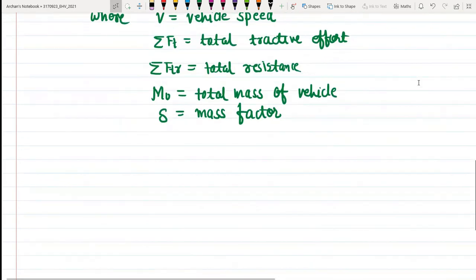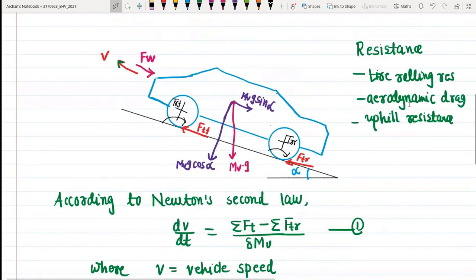Let us see these resistances one by one. As we have seen in this figure, the vehicle resistance opposing its movement includes the rolling resistance of tires, which was TRF and TRR.